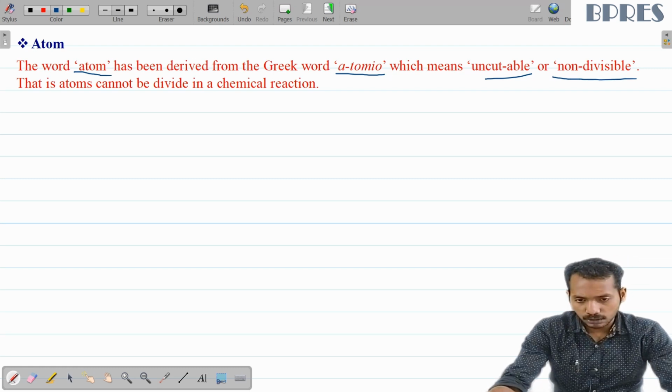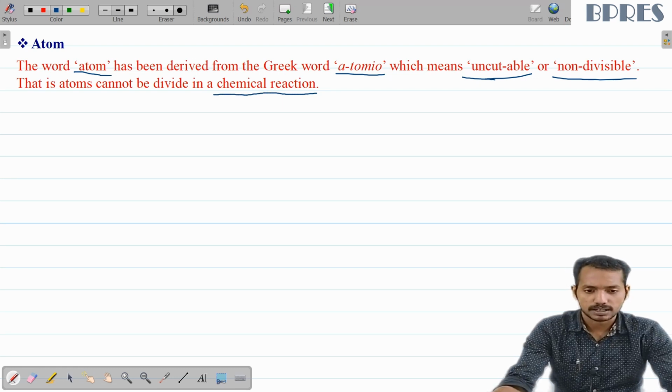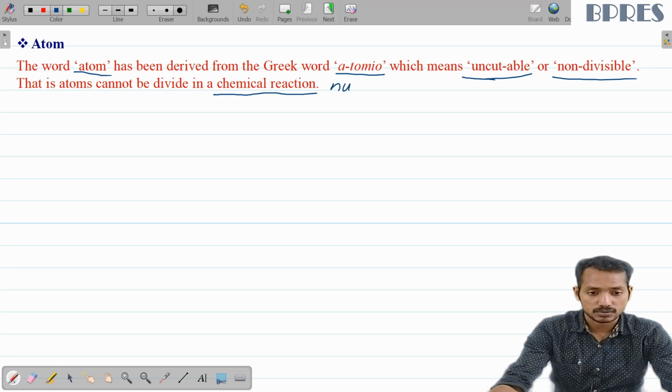During the development of the concept of atom, it was believed that atoms are uncuttable or non-divisible. But that is still true in chemical reactions, where atoms are not divisible and uncuttable. But in nuclear reactions, atoms can be divided.